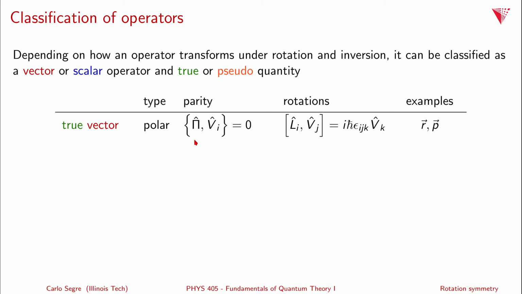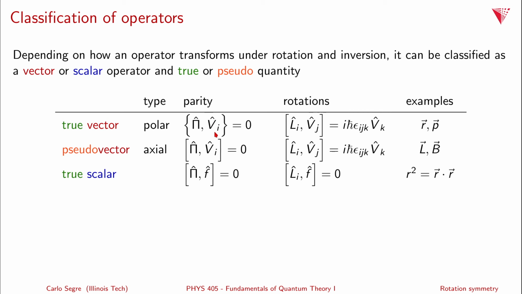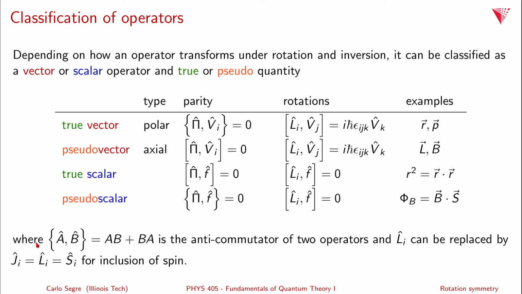The first one is a true vector. A true vector is also called a polar vector. It anti-commutes with parity for any one of its components. And the anti-commutator, as you can see down here, is that {A, B} is equal to AB plus BA.